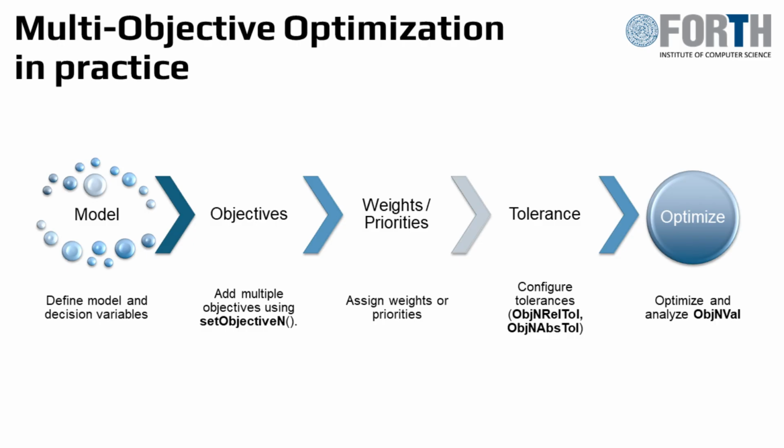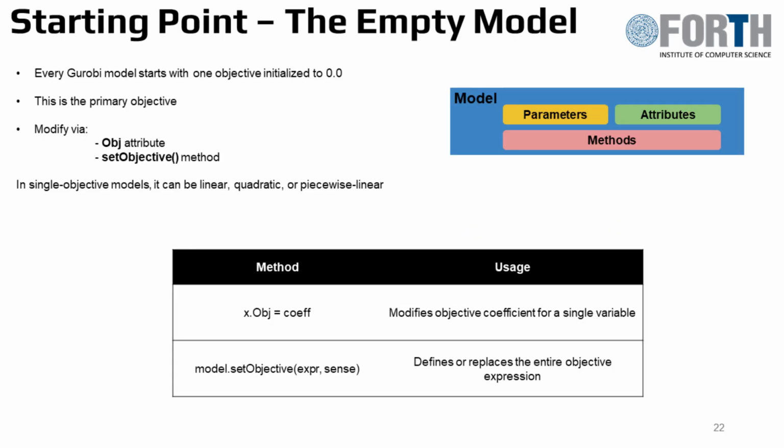At this stage, the focus shifts from a single number to a vector of performance measures. In practice, multi-objective optimization is therefore an extension of the standard modeling workflow with additional structure to encode priorities, weights, and acceptable compromises. Let's now discuss how multi-objective optimization is implemented in Gurobi.